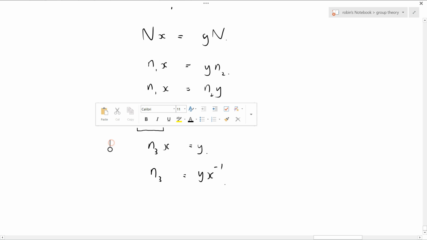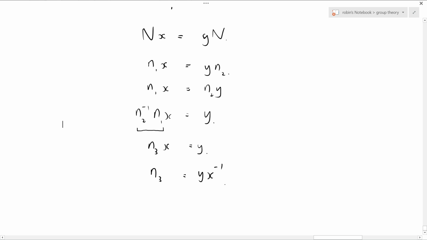So that tells me that yx to the minus 1 is a member of N, because it's n3. And so that tells me that Nx equals Ny, because we proved that if this relationship holds, then the left cosets are the same.